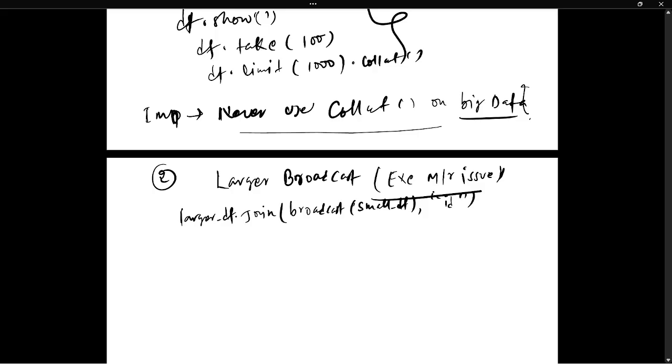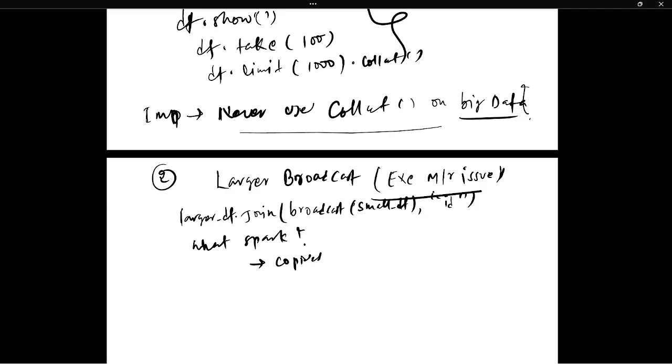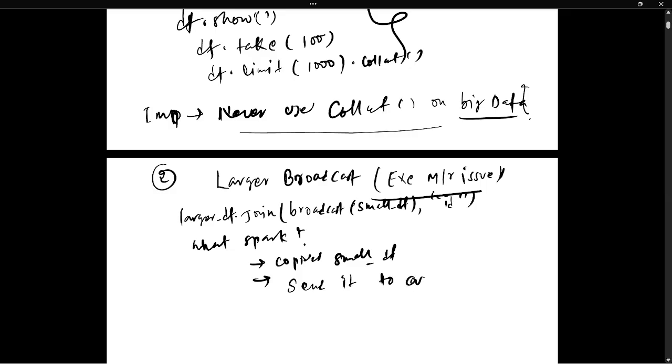So what Spark does is copy the small df, send it to every executor, and third, store it in storage memory.